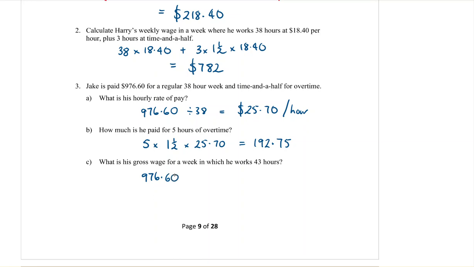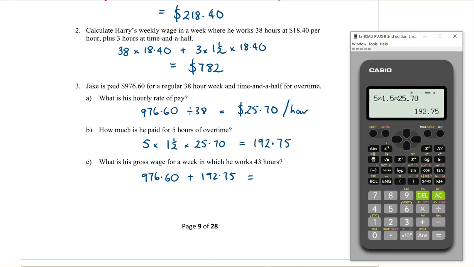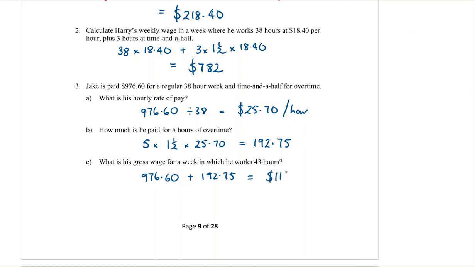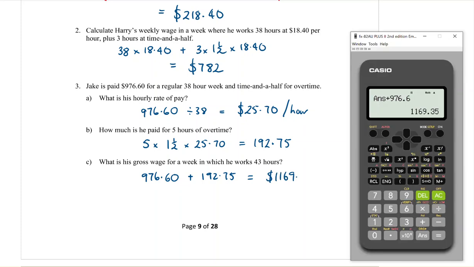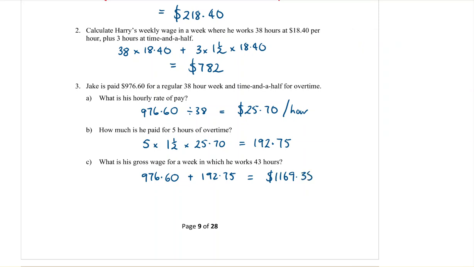That's how much he gets paid for 38 hours, remember? And then I add on the overtime pay that I just calculated. Okay, in the calculator, so you can just go plus 976.6. So he gets $1,169 and 35 cents.